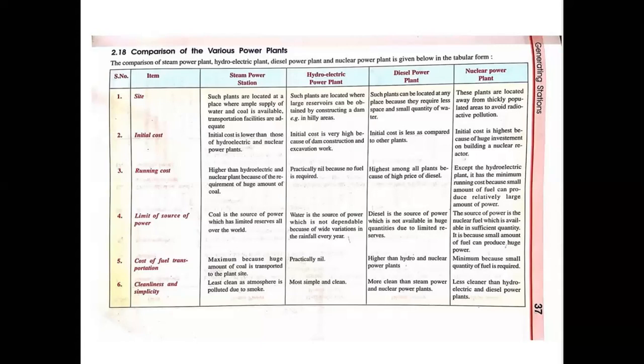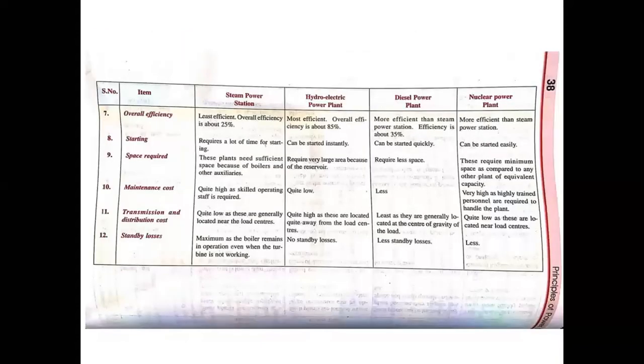Number one point is site, and how the site can be distinguished among the four. Then initial cost, running cost, limit of source of power, cost of fuel transportation, cleanliness and simplicity, overall efficiency, starting, space required, maintenance cost, transmission and distribution cost, and standby losses.